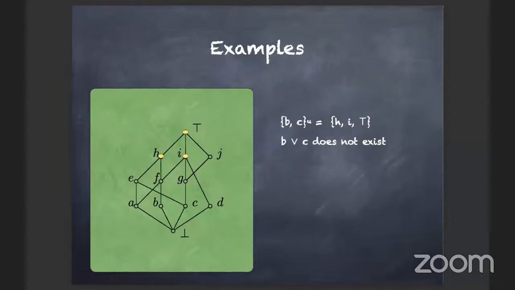That the upper bound set of B and C is H, I, and top? Yes, ma'am. So now, is there a least upper bound of the set H, I, top? It's not there, isn't it? So B join C does not exist.